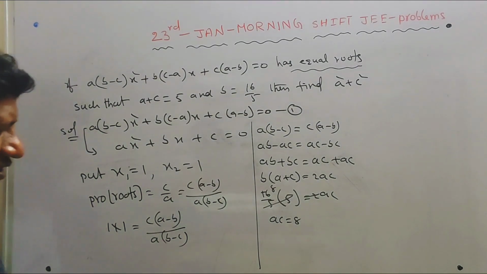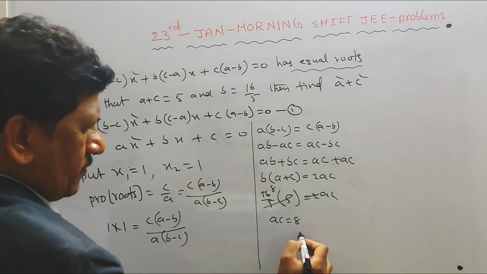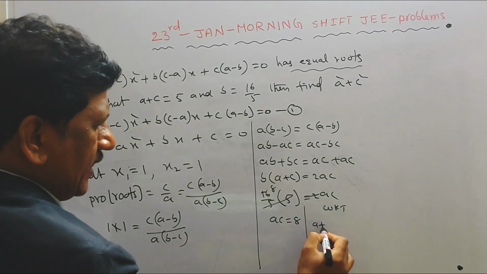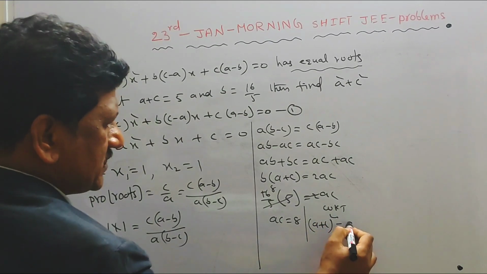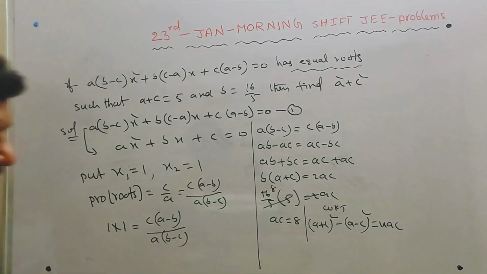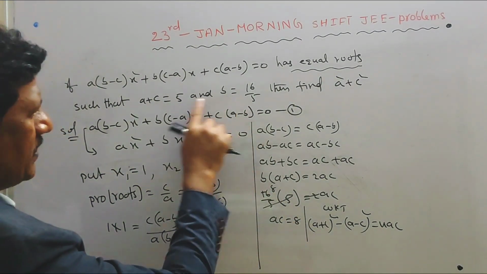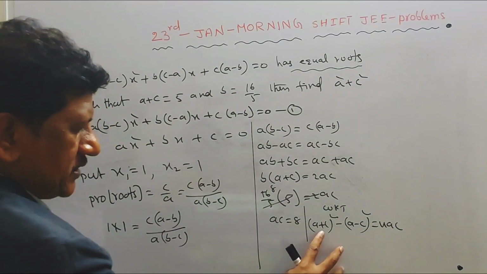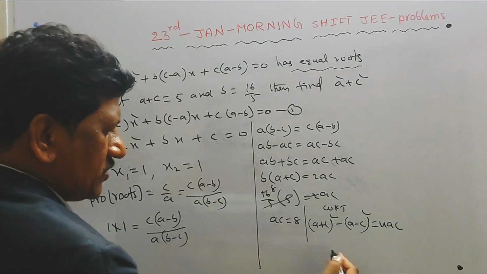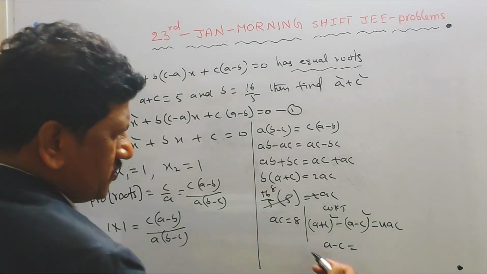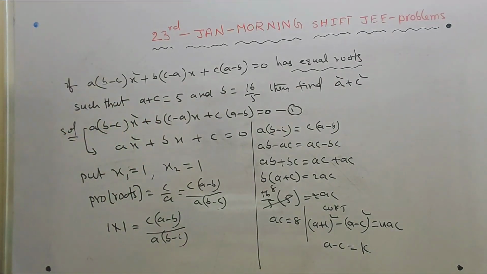One thing you should remember, students, we know one formula: a plus c whole square minus a minus c whole square is equal to 4ac. One lower class formula. The a plus c value is already given, and the ac value we just got. Substitute these values, so you will get the a minus c value.